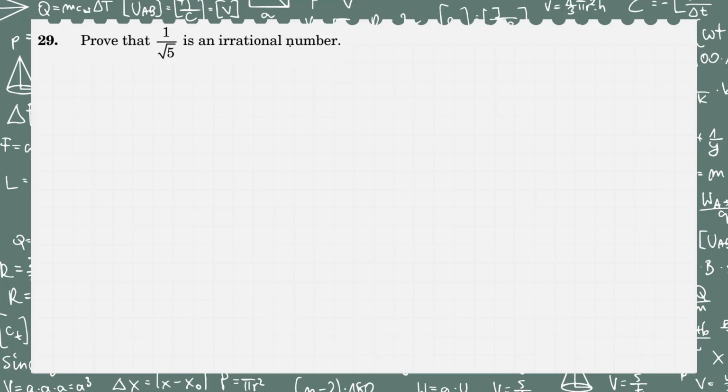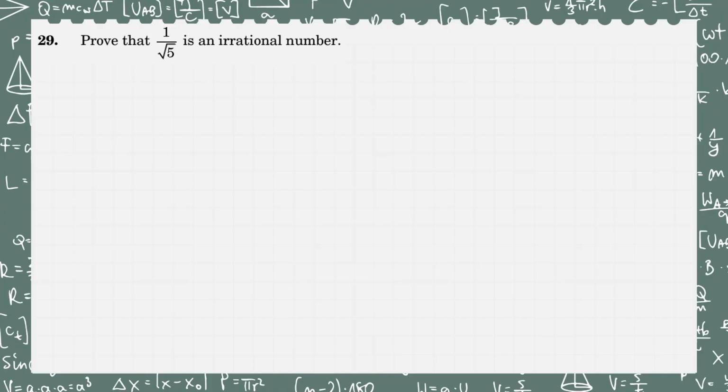Prove that 1 by root 5 is an irrational number. And hope you know how we have proved all these types of proving something irrational, right? We will use the method of contradiction. That means we will assume the other way. What is that other way?